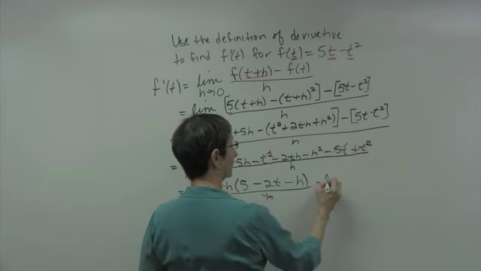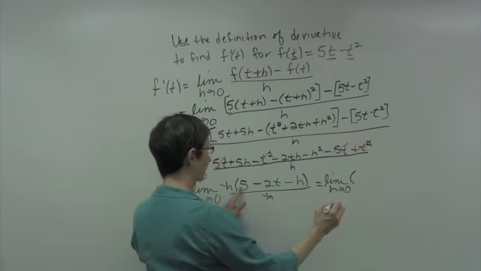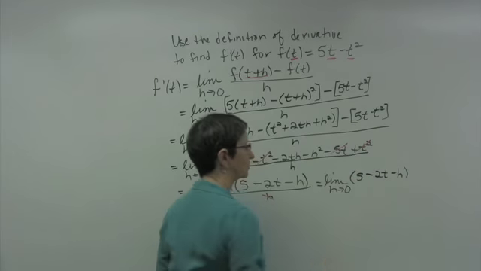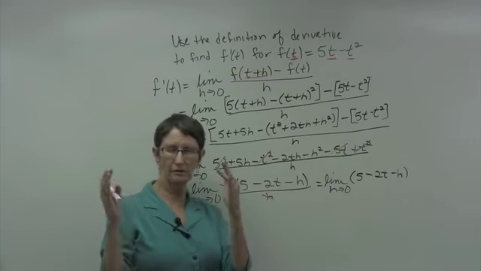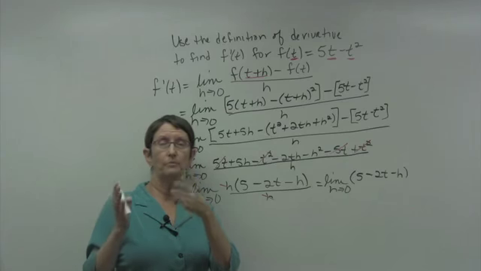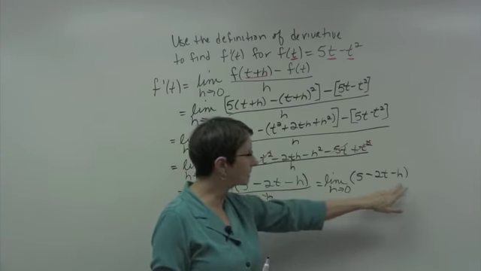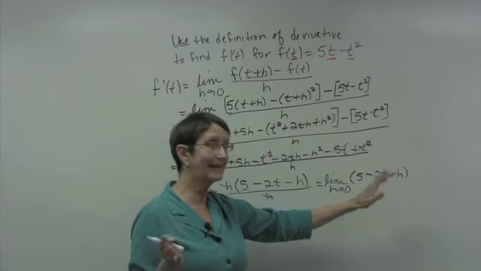And I have the limit as h approaches 0 of 5 minus 2t minus h. And remember h approaching 0, we saw some of those examples of h's getting smaller and closer to 0, 0.1, 0.001, 0.00001, whatever. If I keep plugging those numbers in for h, it's basically the same as just plugging in a 0, and now I can.